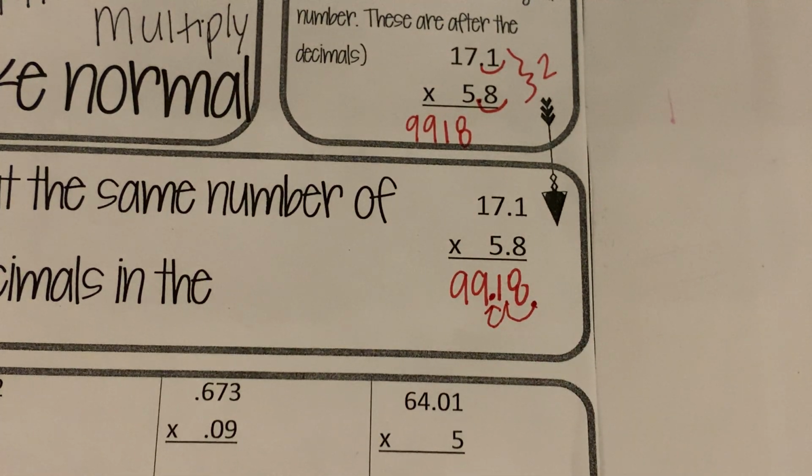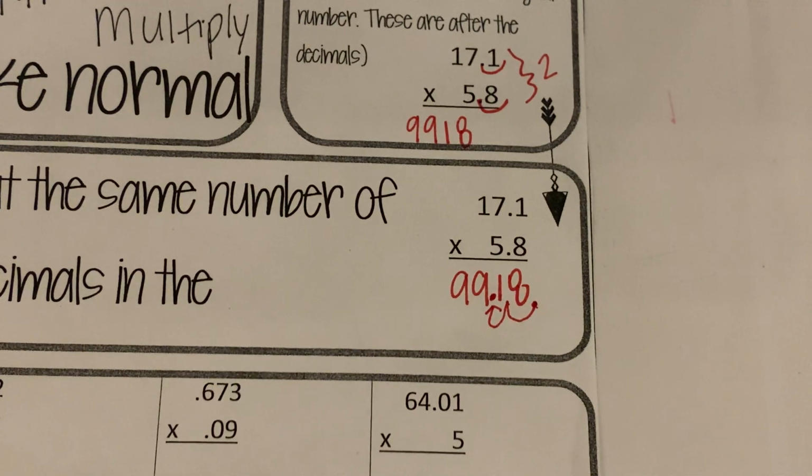However many total numbers are behind the decimals in the problem, there's that same number of decimals in the answer. So we just put 2 decimals in the answer. The same number of decimals in the what? In the answer.